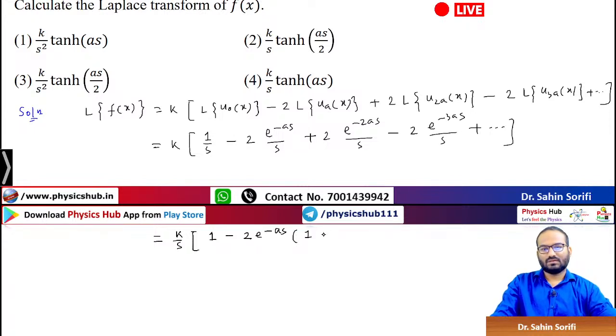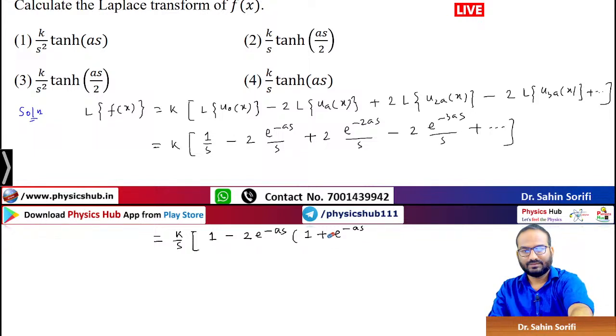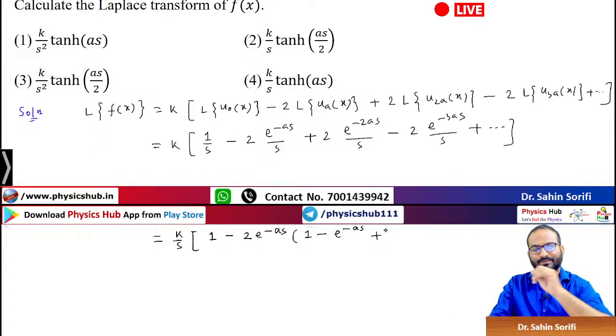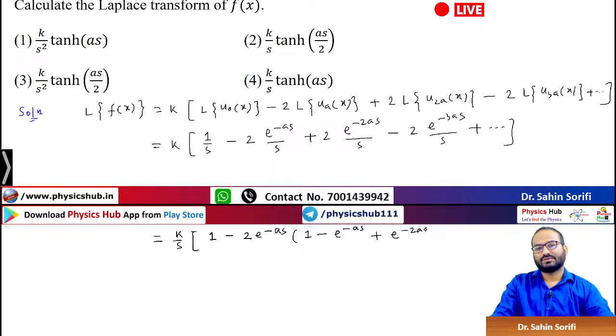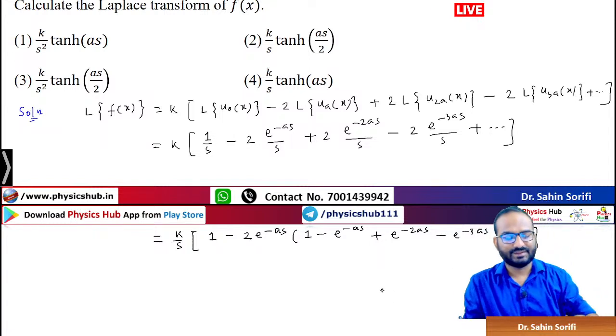So 1 plus, e to the power minus s, minus will be there, no? Plus e to the power minus 2s minus e to the power minus 3s plus. Can I write it in this way?